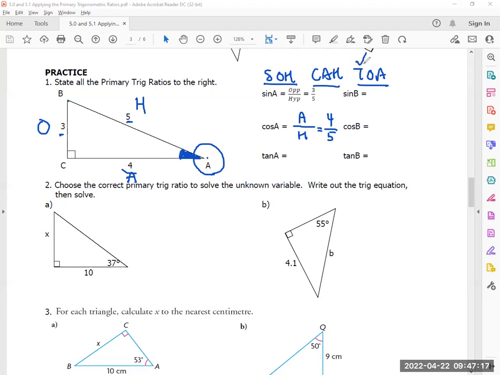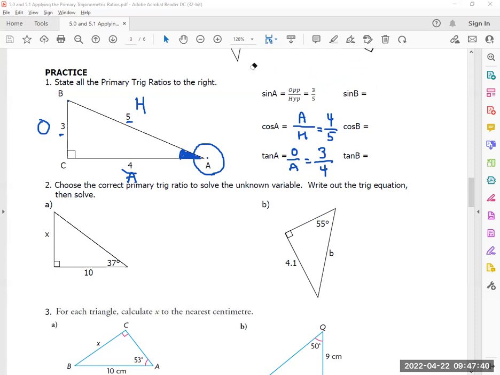So if this is what I'm doing, what two sides will I create a fraction with? O and A. And then you just find the numbers. That happens to be a 3, and A happens to be a 4. There it is.